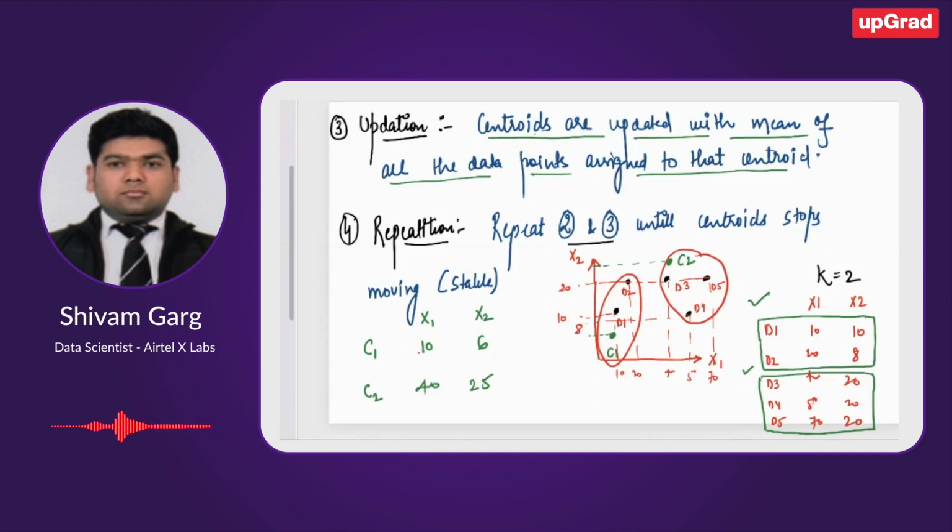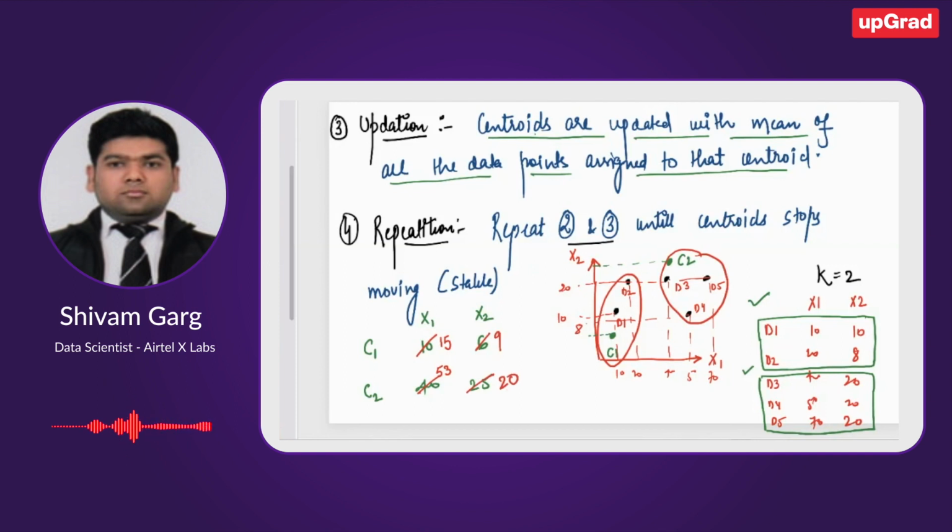So this 10 will become 15, and this 6, 10 or 8, 18, will become 9. Similarly for C2, 40 plus 50 plus 70, that is 160 divided by 3, which is 53 point something. So this will become 53, and this 20 will become 20.